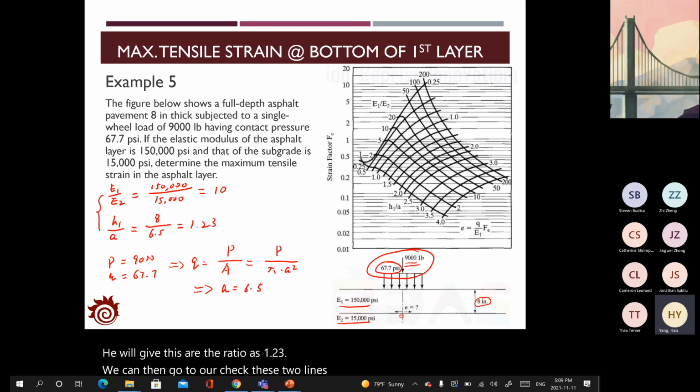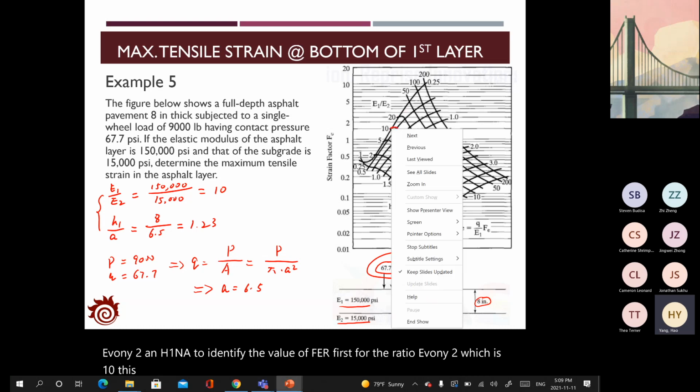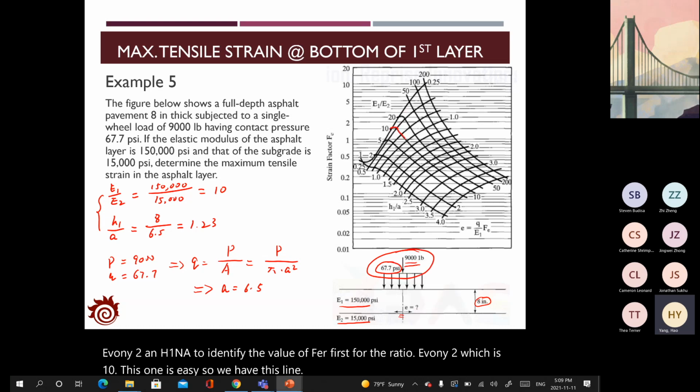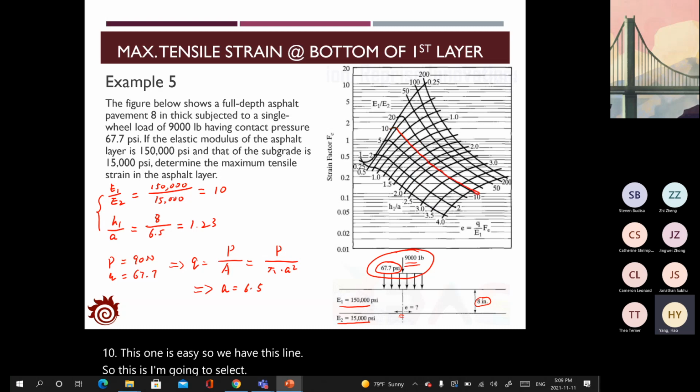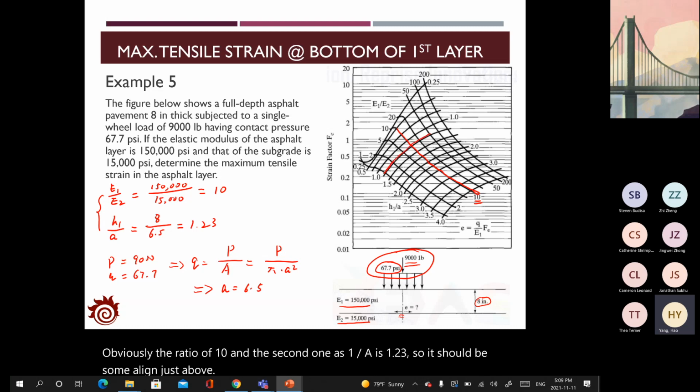Check the lines from the E1 over E2 and H1 over a to identify the value of FE. First, for the ratio of E1 and E2, which is 10, this one is easy. So we have this line. This is the line we're going to select with the ratio of 10. And the second one, H1 divided by a is 1.23, so it should be a line just above this line.